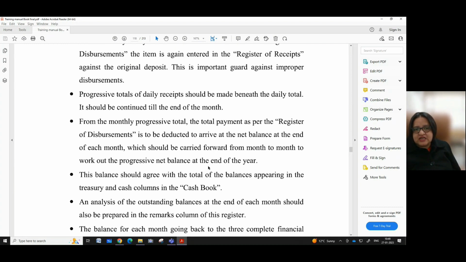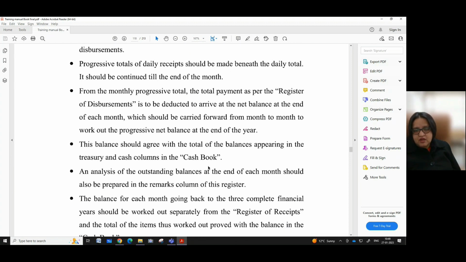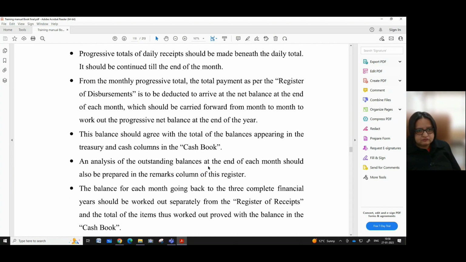Progressive totals of daily receipts should be made beneath the daily total. It should be continued till the end of the month. From the monthly progressive total, the total payment as per the Register of Disbursement is to be deducted to arrive at the net balance at the end of each month, which should be carried forward from month to month to work out the progressive net balance at the end of the year.